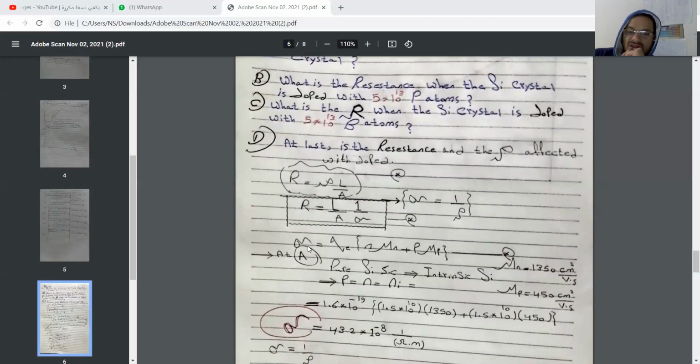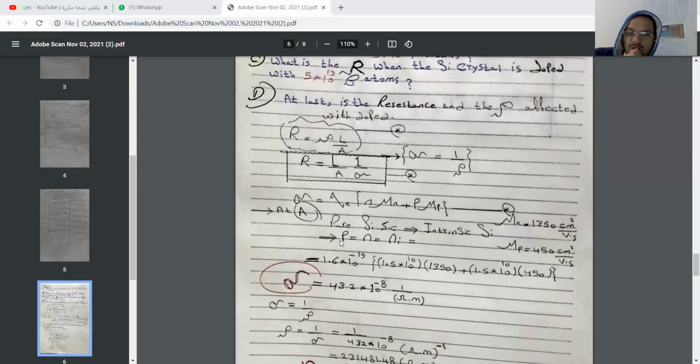The conductivity equals the charge of the electron times the bracket of concentration of electron dot mobility of electron plus concentration of holes dot mobility of holes. All of these coefficients are known at the equilibrium condition and room temperature.